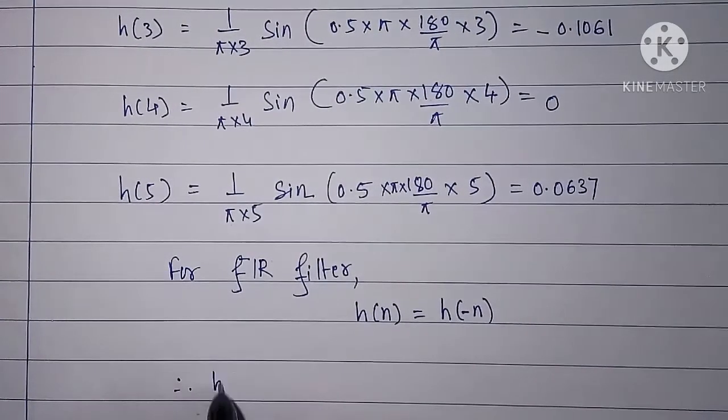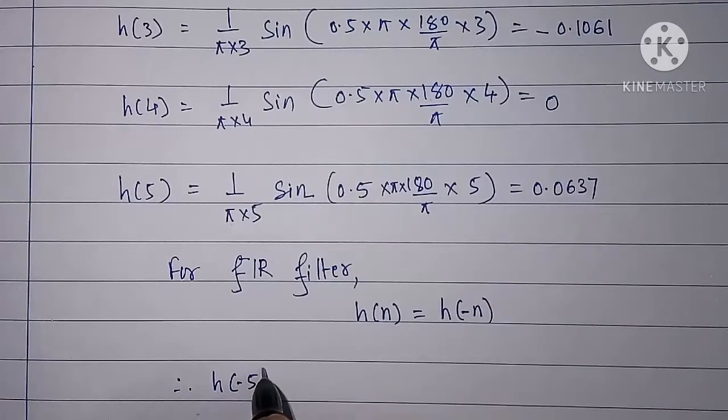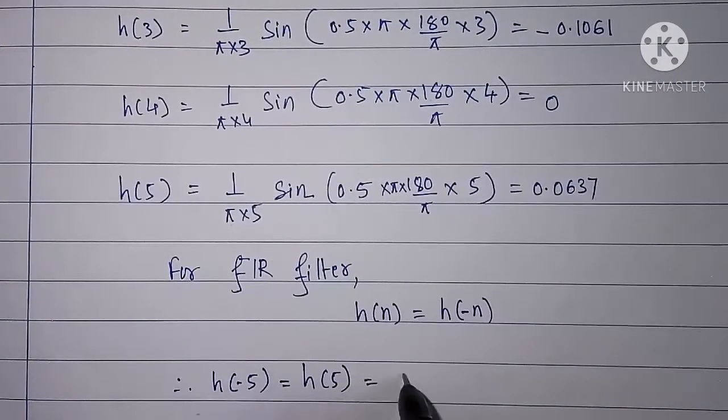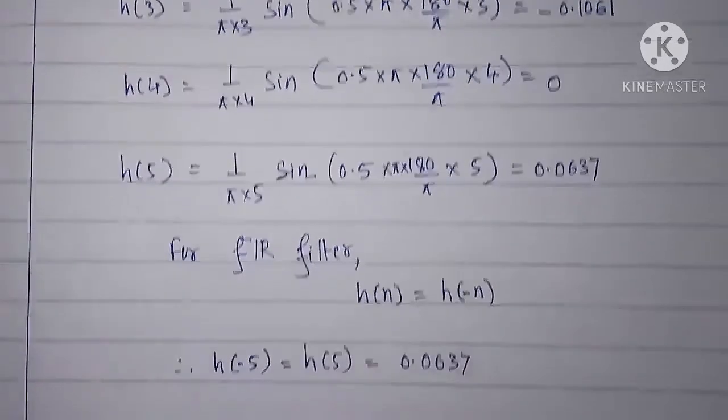Therefore, h of minus 5 is equal to h of 5, that is equal to 0.0637.